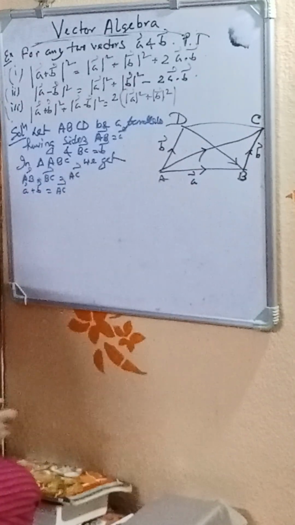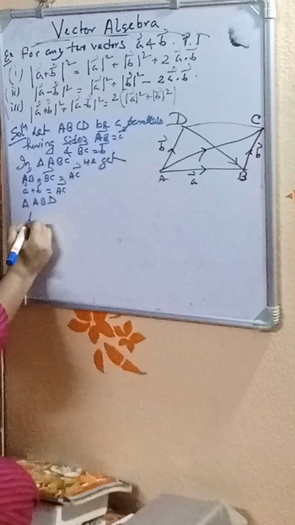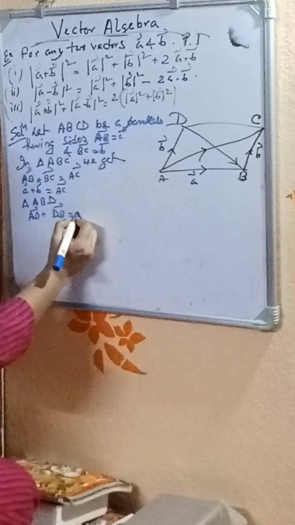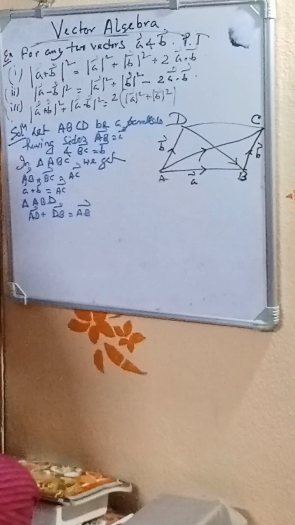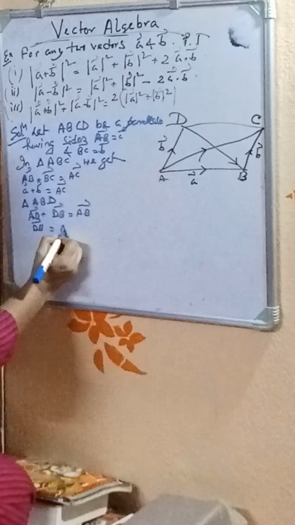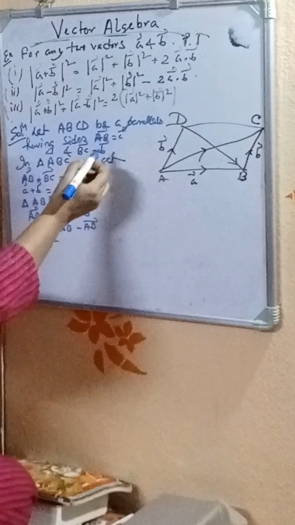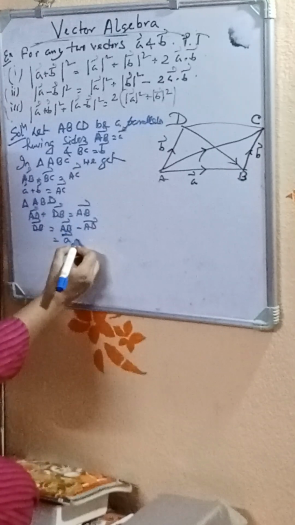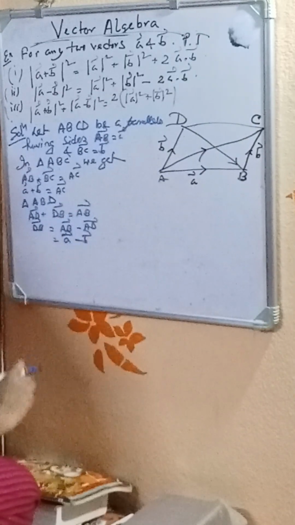And from triangle ABD, AD vector plus DB vector equals AB vector, so DB vector equals AB vector minus AD vector. Now AB vector is A vector, and AD vector is B vector. Therefore, DB equals A vector minus B vector.